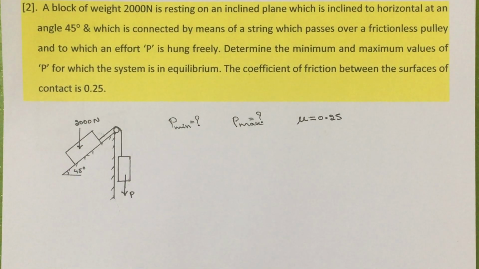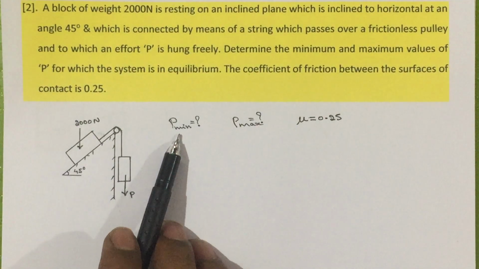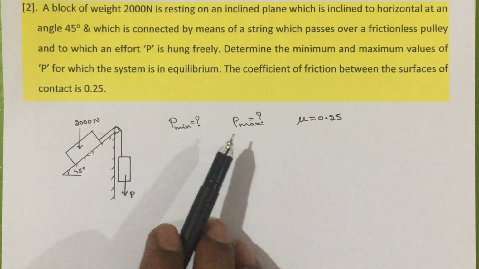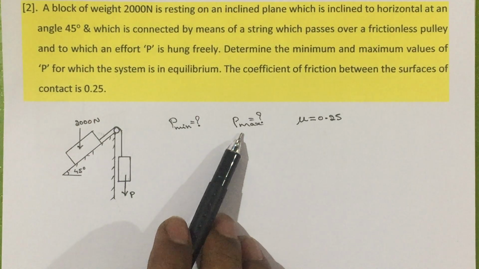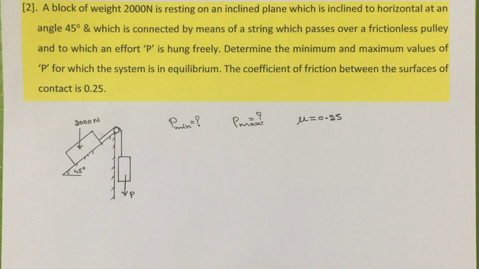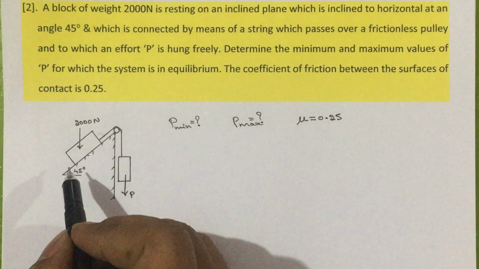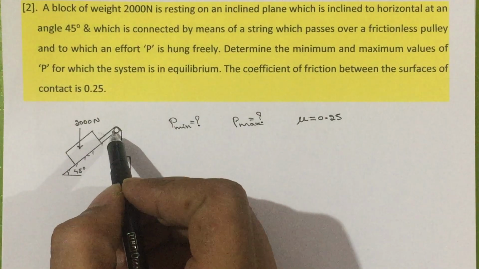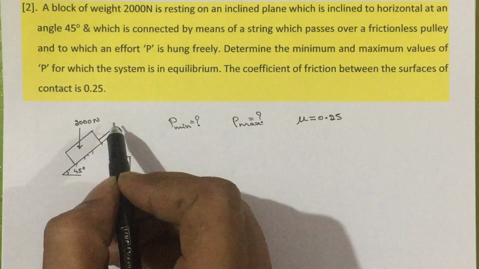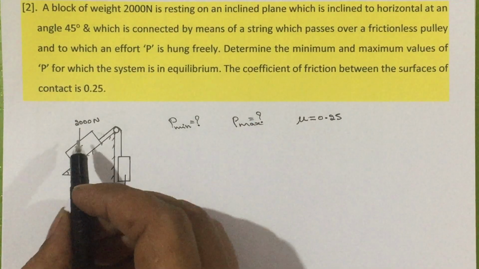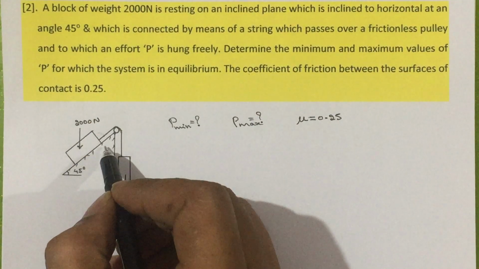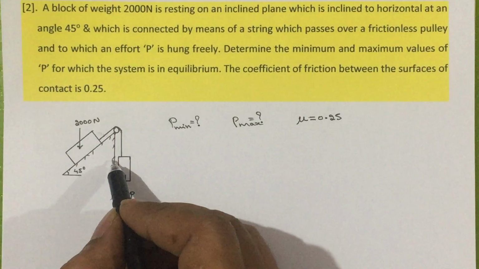Then here there are two cases. One is we need to calculate P minimum, another one we need to calculate P maximum. When will P be minimum, when will P be maximum? Observe here, there is an inclined plane, there is a wall, here the roller is provided. Next, here the block is there, here another block is there.